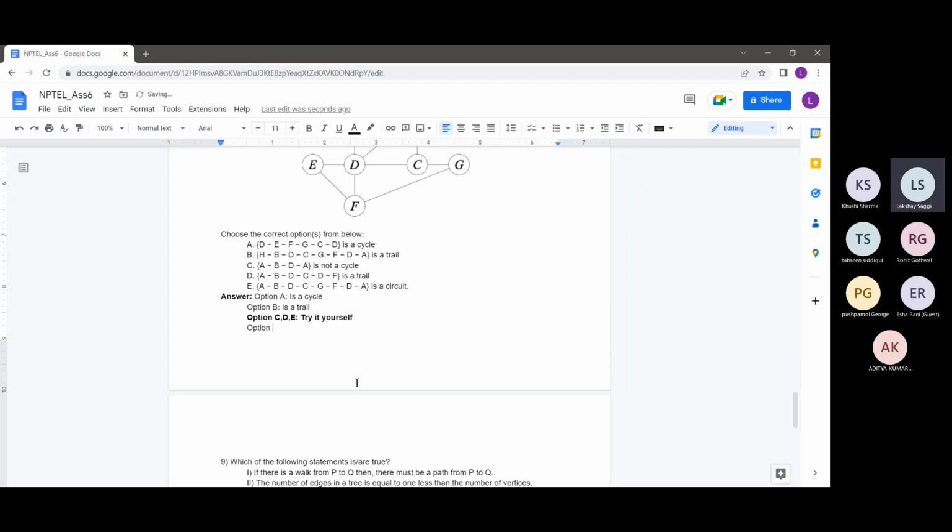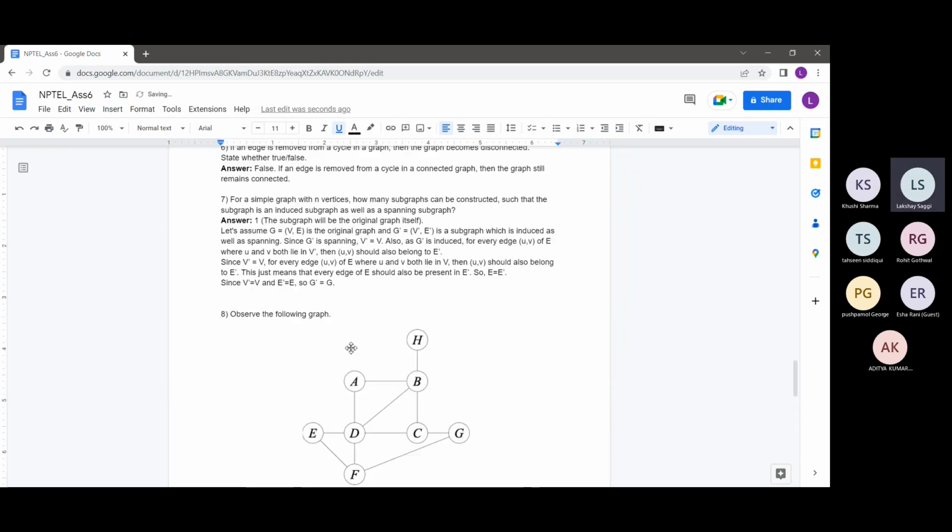I already have the answer written now, so I'll just give the answer: options A, B, and E are correct. Try this later. I won't be getting into this now.